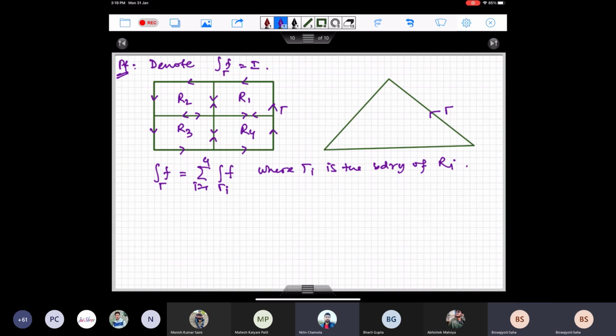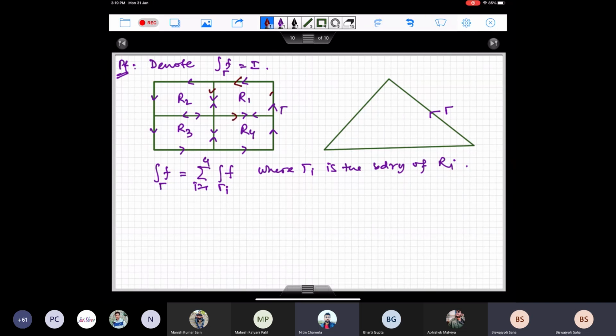So this is where we can use what we have seen: if we take the reverse path, the integral comes out with a negative sign. Let's say I am looking at the integral over the boundary of the rectangle R1. This part contributes to the original integral, but there is some internal part like this.